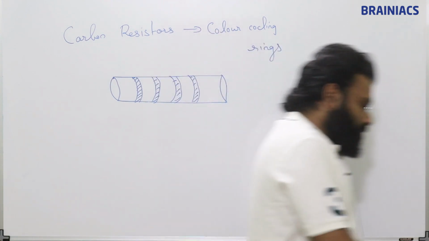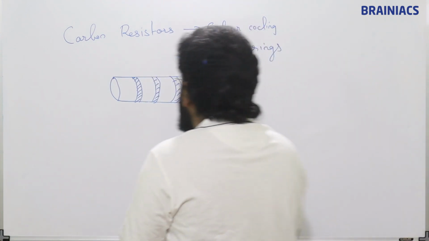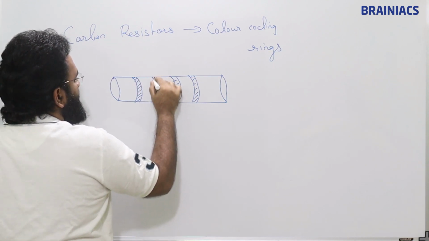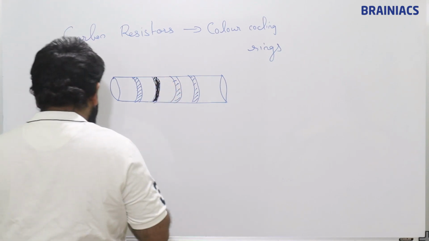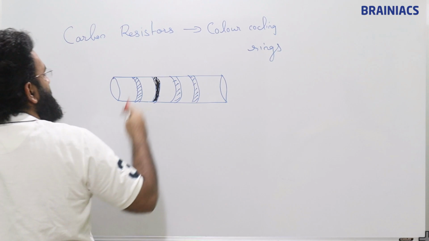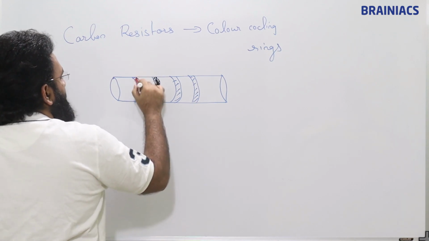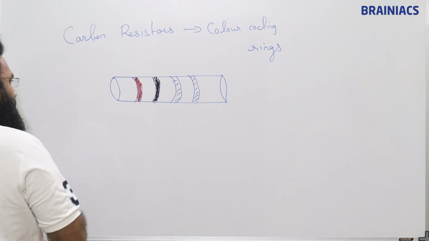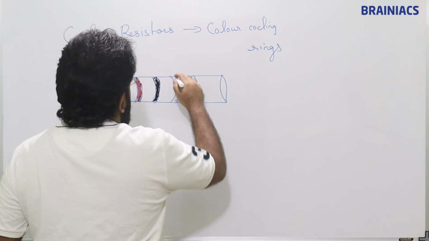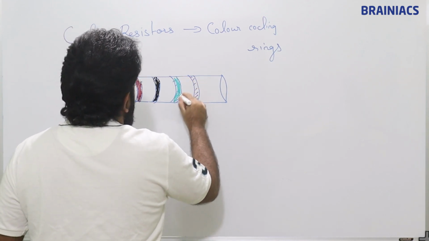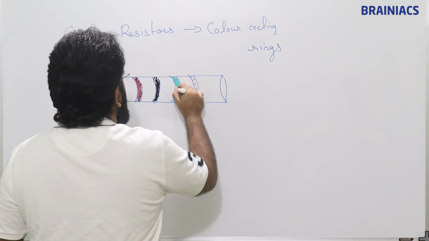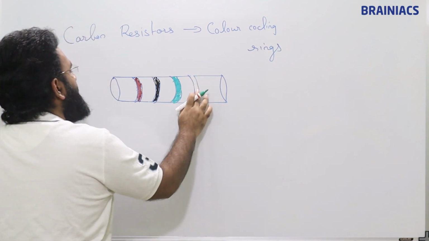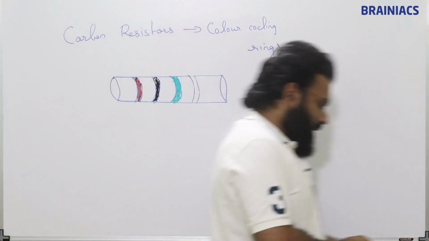Suppose I give this black, this one red, and green. Here the last band can be of no color, or gold or silver. These colors will be there.